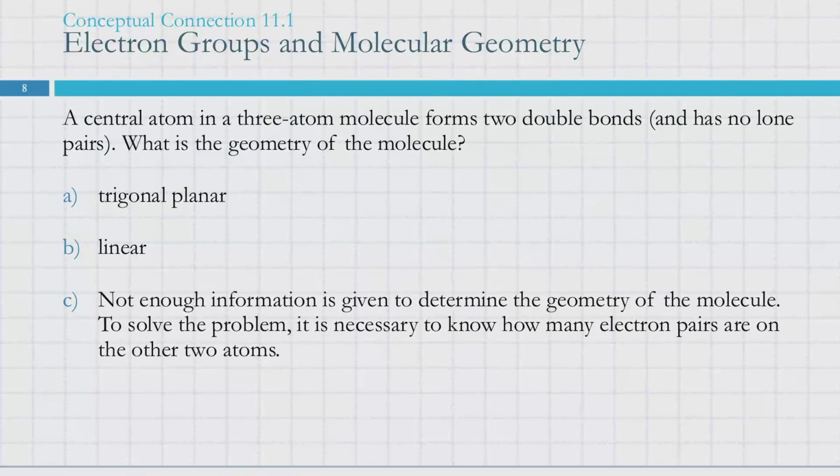Okay, a central atom in a 3-atom molecule forms 2 double bonds and has no lone pairs. What is the geometry of the molecule? Think about, write about, talk about what that molecule would look like.